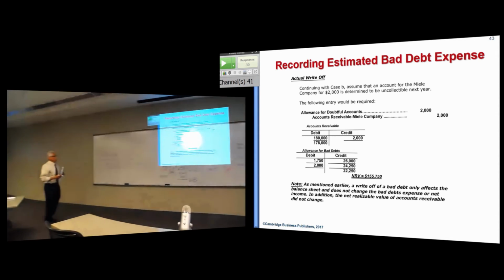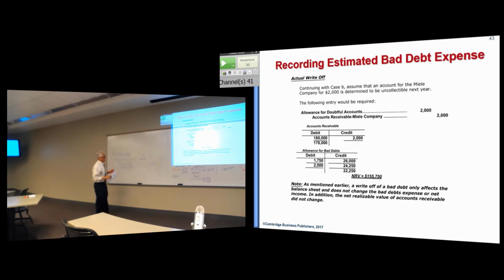So the entry to write off the account is a debit to the allowance and a credit to the receivable. Debit to the allowance, credit to the receivable. That's the way you write off an account.